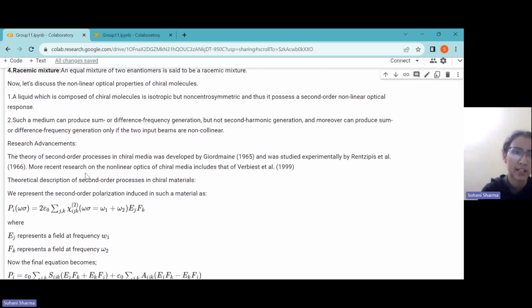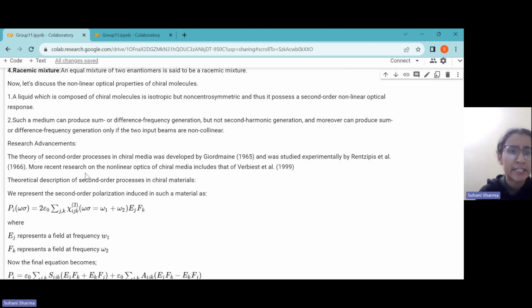Now we are discussing some non-linear optical properties. Let's explore some non-linear optical properties of chiral media.